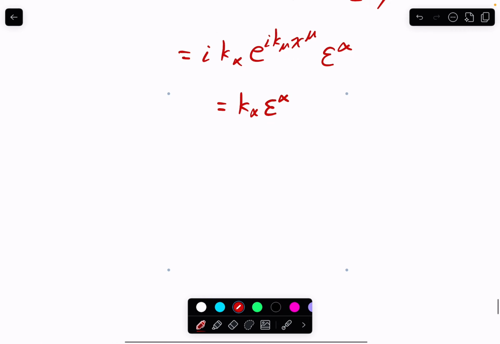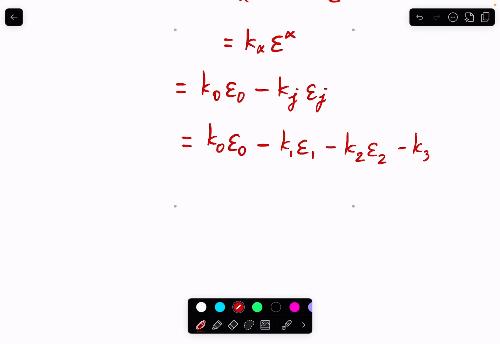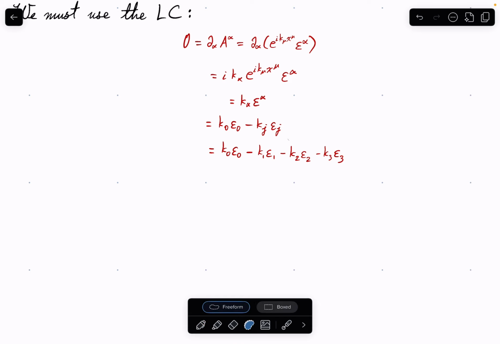So this tells us that we have k naught epsilon naught, which we can just lower, and then plus k j epsilon j, which we can just lower, and put a minus sign here. And this is just k naught epsilon naught minus k1 epsilon 1 minus k2 epsilon 2 minus k3 epsilon 3. And that's not an e, that's an epsilon 3.